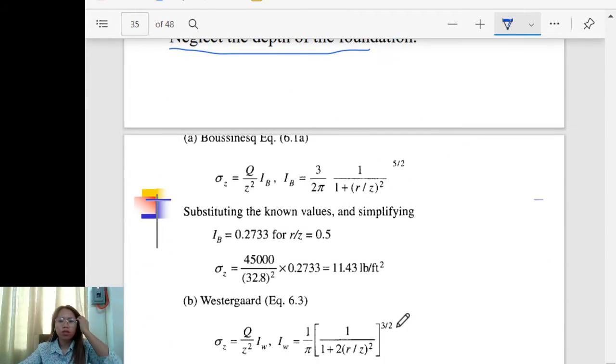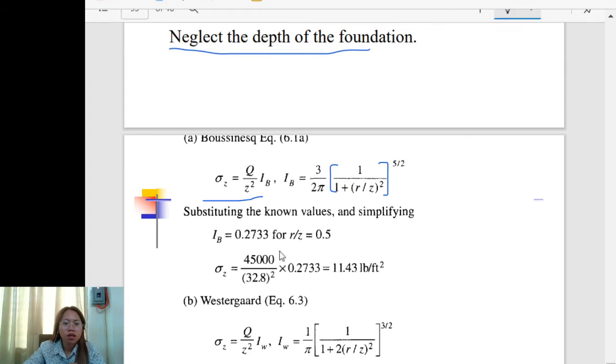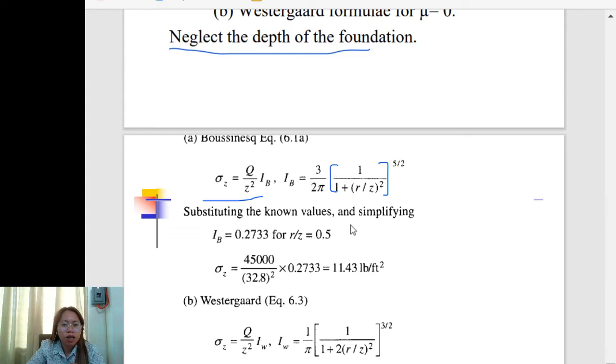So for the solution using the Boussinesq equation, this is the formula. So we have to determine the R over Z ratio, no? Then using the known values and simplifying.